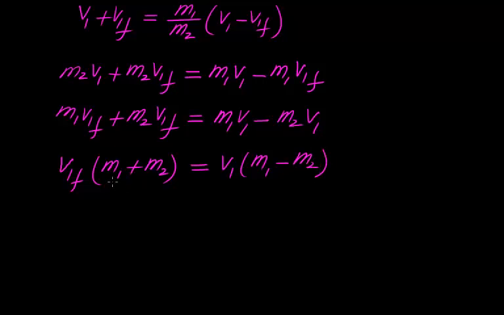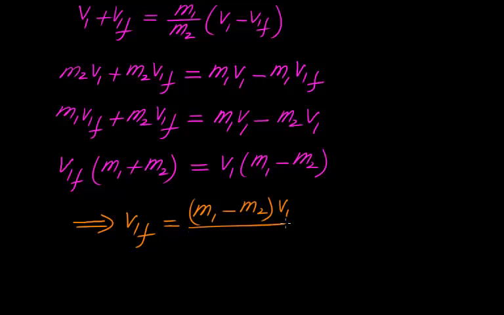Divide both sides of the equation by m1 plus m2. You obtain the following expression: v1 final equals m1 minus m2 times v1, I just moved the v1 to the right hand side, divided by m1 plus m2.